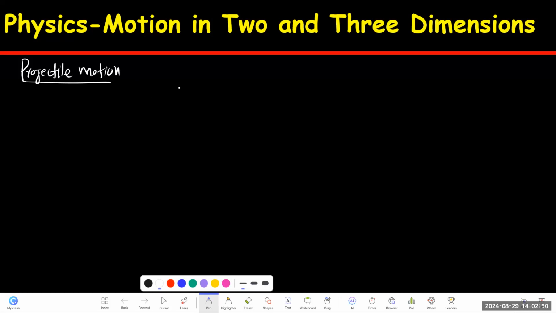First things first: if somebody throws an object in a straight line, you can call the velocity vx. If somebody throws the object vertically up, you can call it vy. So these two cases are pretty straightforward. But if someone throws an object at an angle, this object is not going to go straight. It's going to make this trajectory, and this trajectory is called projectile motion.